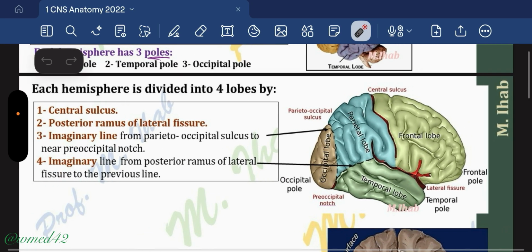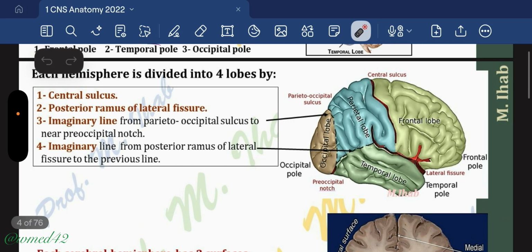Each hemisphere is divided into 4 lobes by the central sulcus, the posterior ramus of the lateral fissure, and an imaginary line from the parieto-occipital sulcus to the pre-occipital notch. Here is the pre-occipital notch.